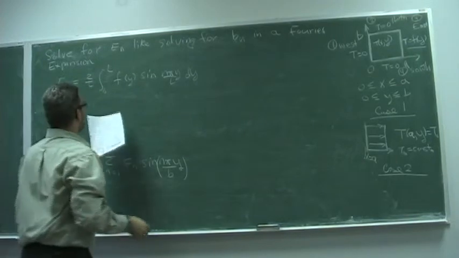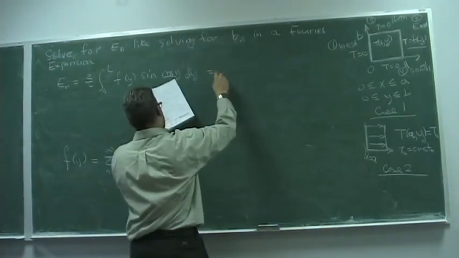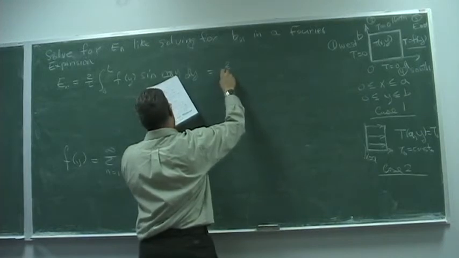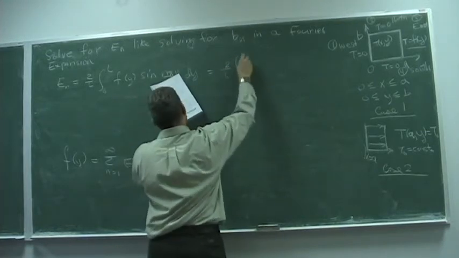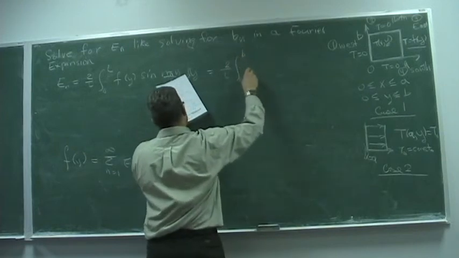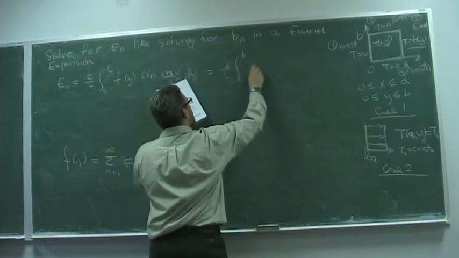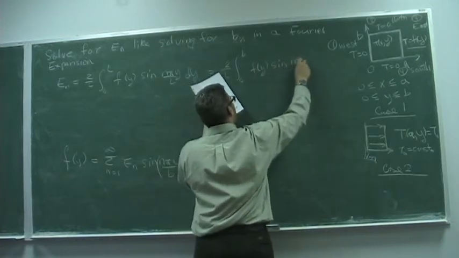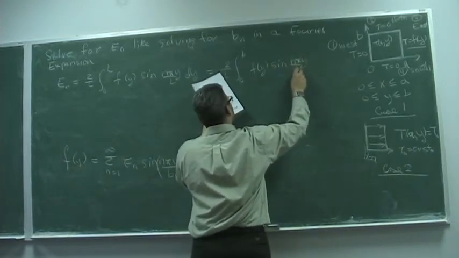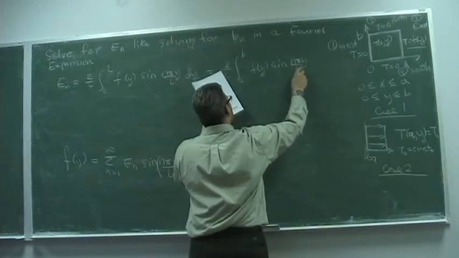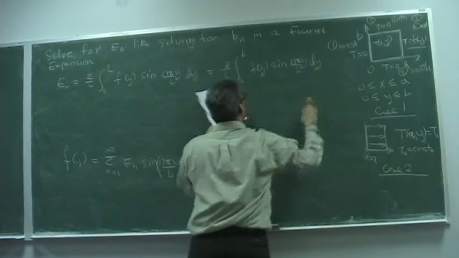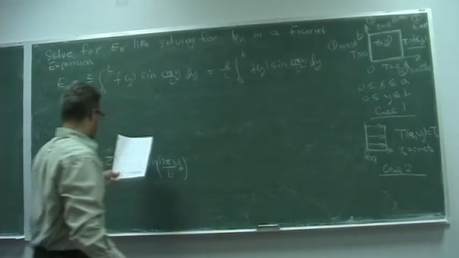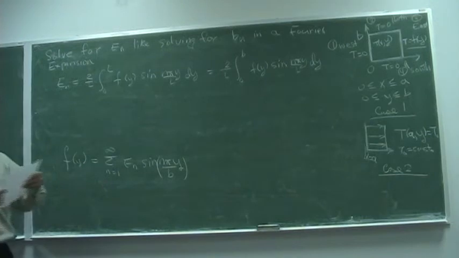So we substitute in: 2 over L, integral from 0 to b, function of y, sine n pi y over L dy. Well, we know in this case that L is just b. Okay, let's take our next step here.